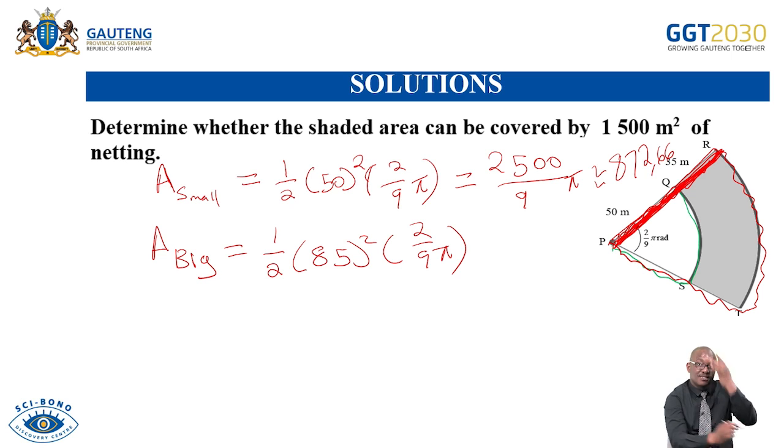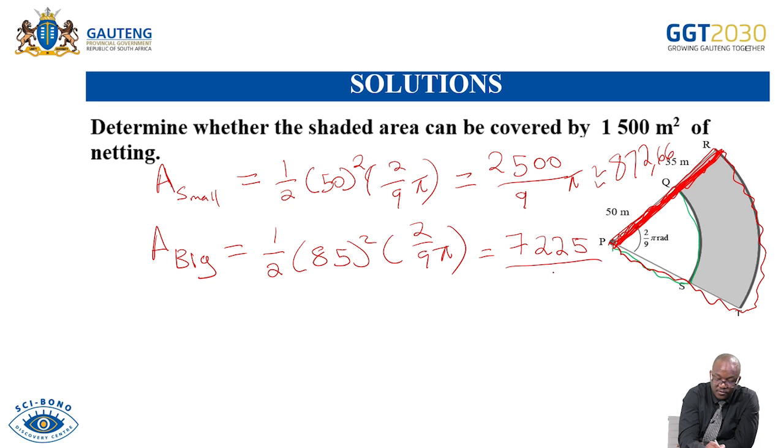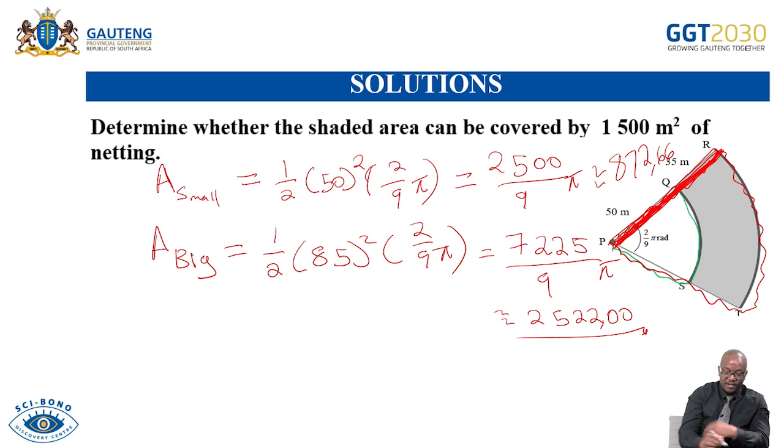So 1 over 2 multiplied by 85 squared, into 2 over 9 pi, gives 7,225 all over 9 pi, which is equivalent to 2,522.00.